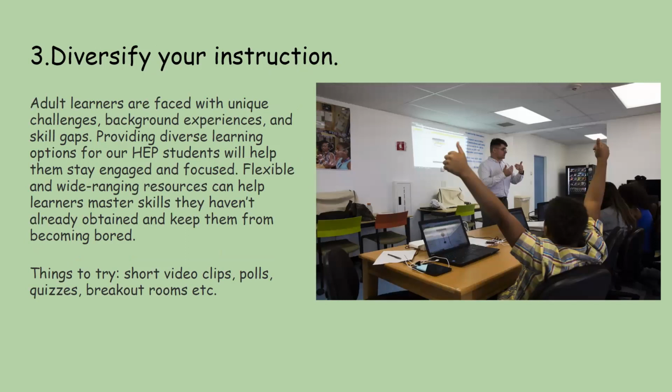Flexible and wide-ranging resources can help learners master skills they haven't already obtained and keep them from becoming bored. You can try to incorporate some video clips, some polls, some quizzes, and breakout rooms on Zoom, etc.